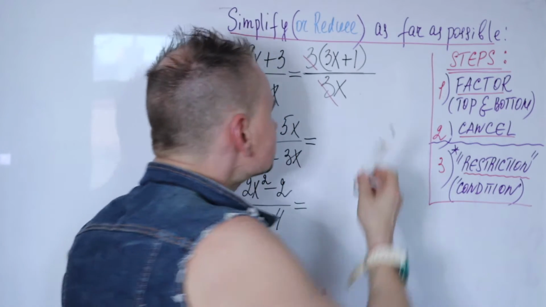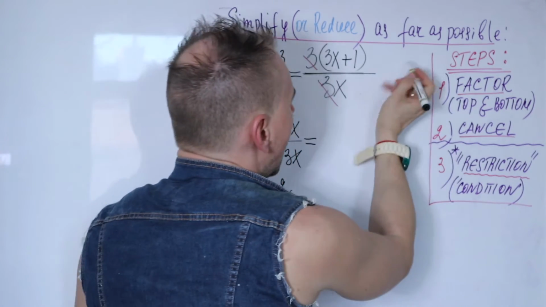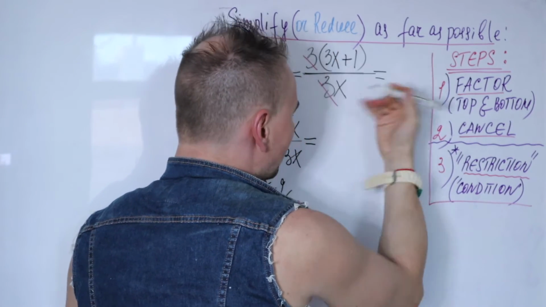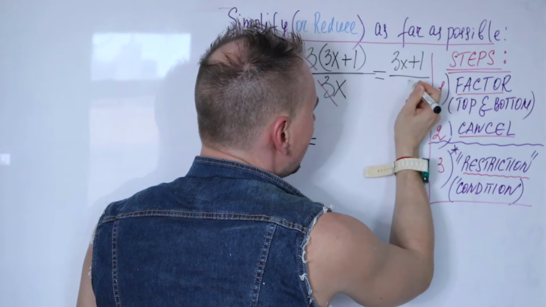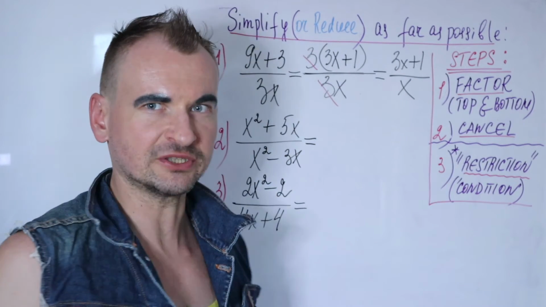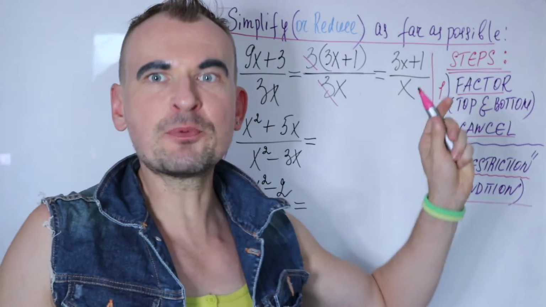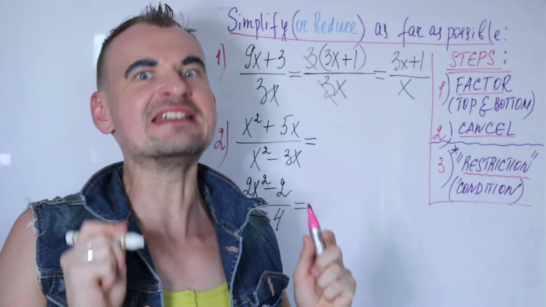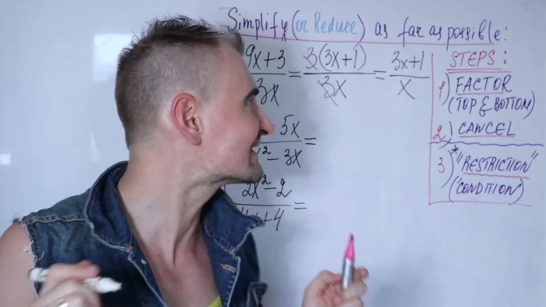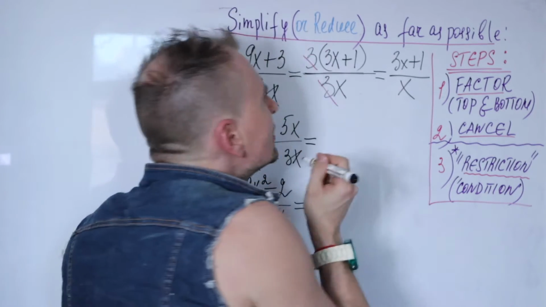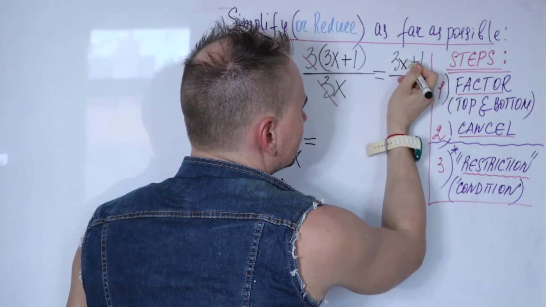So just cancel and erase it from top and bottom, and you end up with 3x plus 1 on top and x on bottom. At this point, check again to see if you can cancel anything else. No, you cannot.